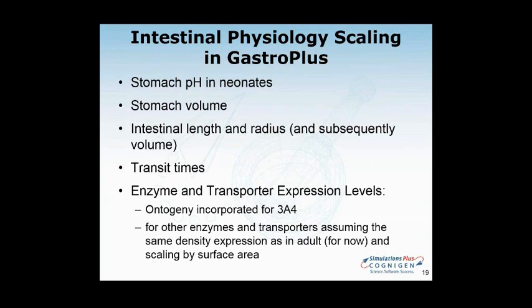I'm not worried about the intestinal length and radius, but I more worry about the stomach pH, volume, and also the transit time. Stomach volume and stomach pH probably relate to the gastric emptying time and also the transit time. Some drugs might be pH dependent, especially that drug.